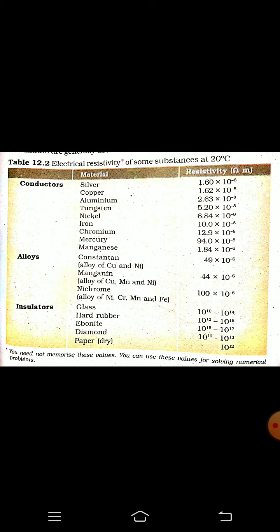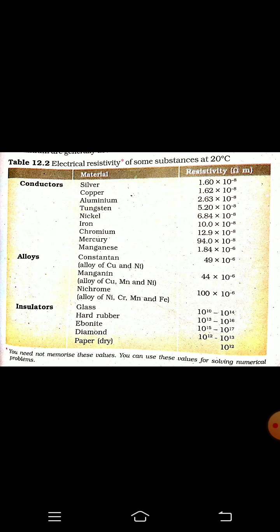Now, look at the resistivity of alloys. In the first one, you see constantan, which is an alloy of copper and nickel. What is its resistivity? It is 49 into 10 raised to minus 6. What can we conclude from this? When they were individual conductors, their resistivity was less.